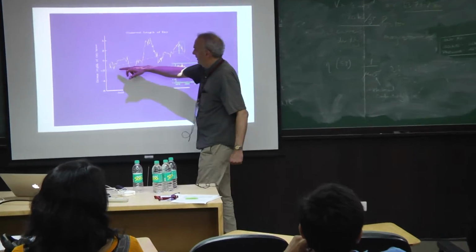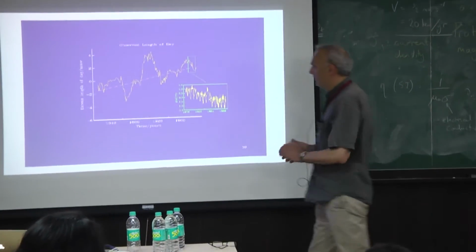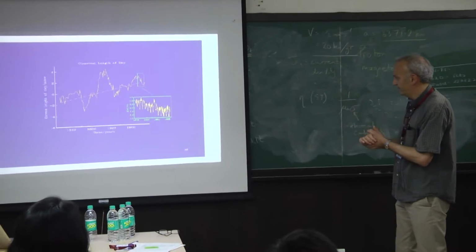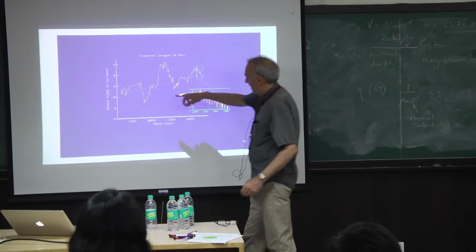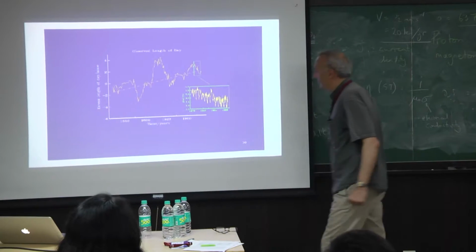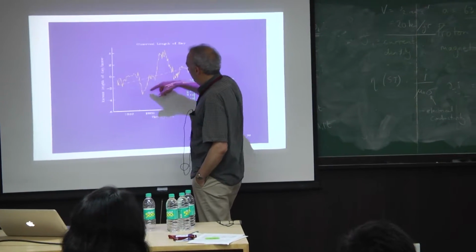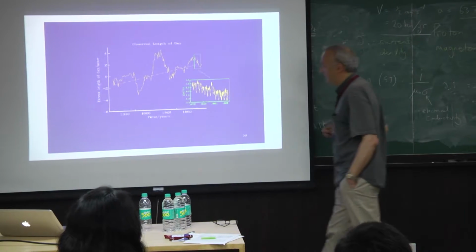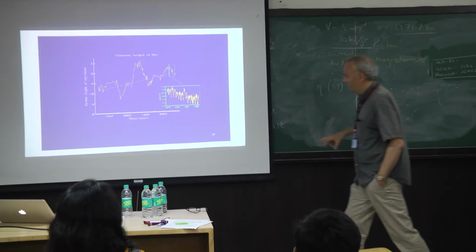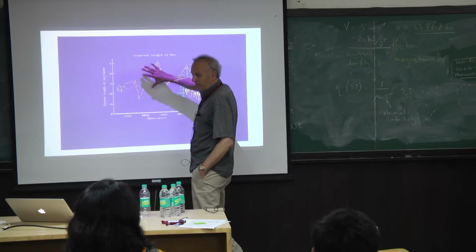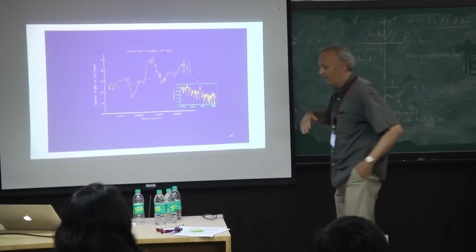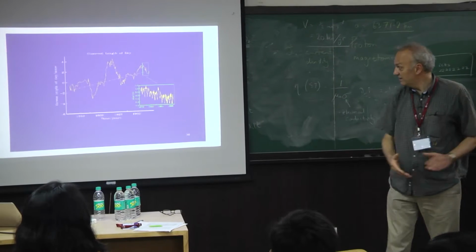So that effect is about 2.4 milliseconds per century, and that's this line here. But on top of that line, you'll see that there are considerable variations of the order of a few milliseconds, plus or minus a few milliseconds, taking place on time periods of decades.